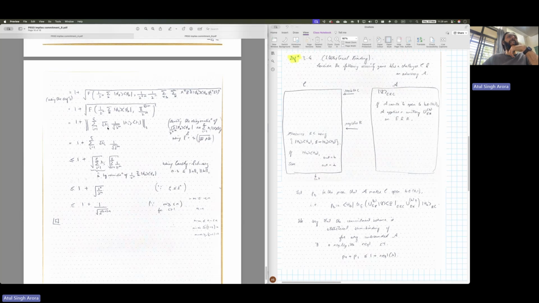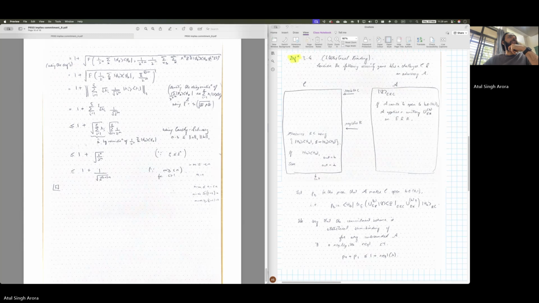And now, this is a diagonal matrix, and the one-norm is simple. Now we get this expression. Now one can run Cauchy-Schwarz, which is just that a dot b is at most the norm of a times the norm of b, unless I missed some squares. Oh yeah, I missed some square roots too.